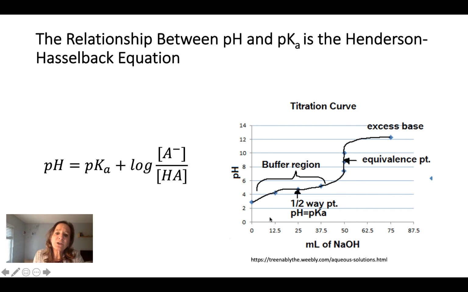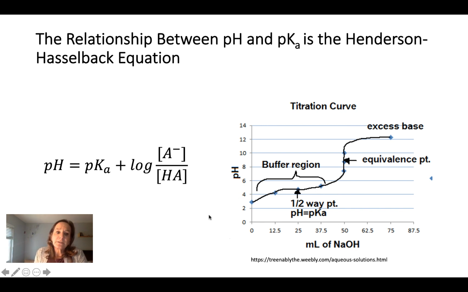We have a point that we call the half equivalence point. If the equivalence point is at 50 milliliters, your half equivalence point would be exactly half the milliliters required, in this case 25. This half equivalence point is an important point.